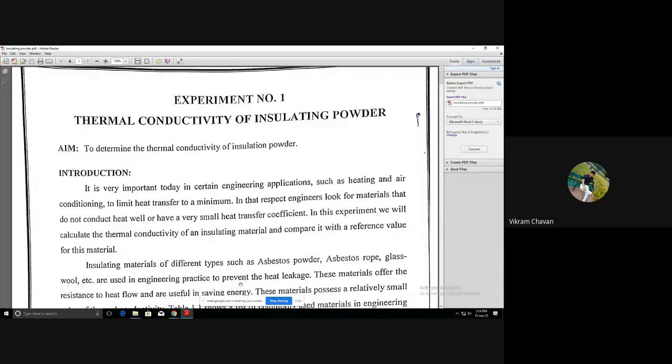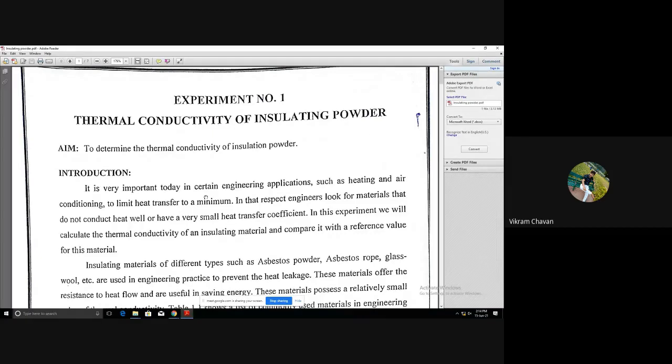Great. So we can categorize these types of materials as good conductors and bad conductors. The materials which have the ability to transfer heat very quickly are called good conductors, and the materials which provide maximum resistance to transfer heat are called bad conductors of heat. These are also called insulating materials.